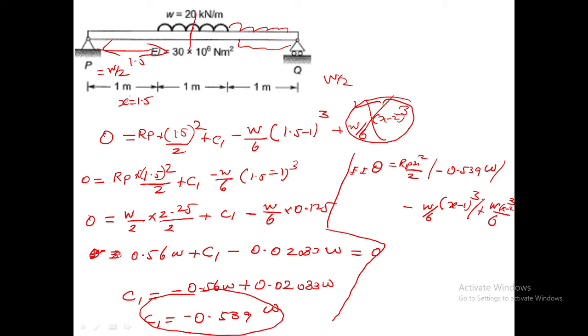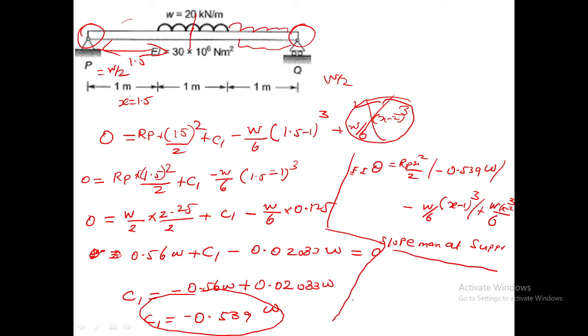The slope will be maximum at the support. It is maximum at this point and this point, and the remaining points are less than at the support.